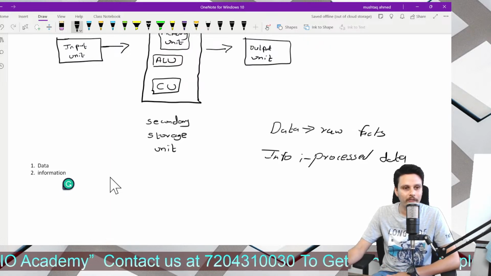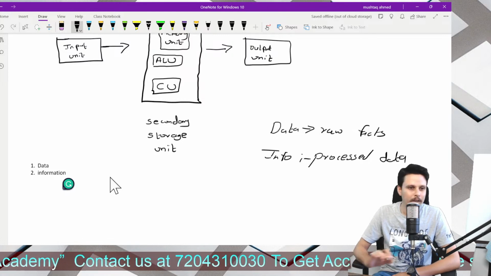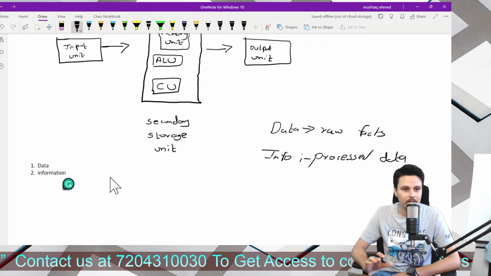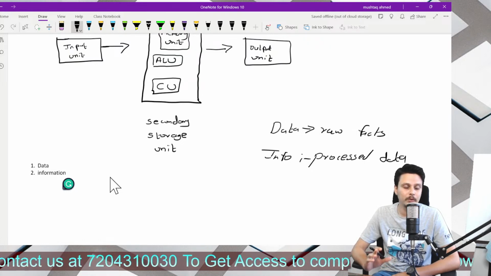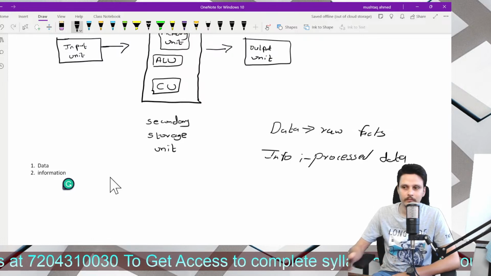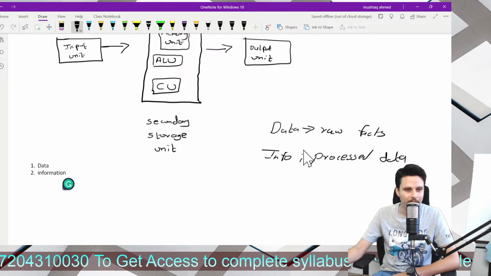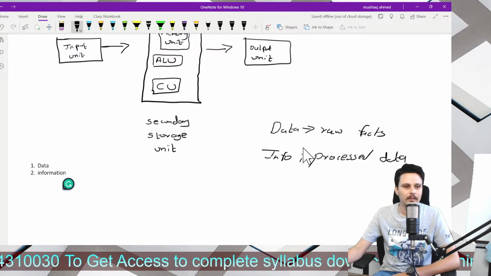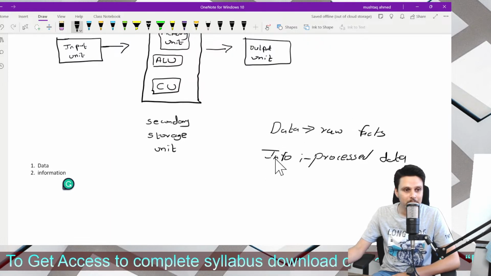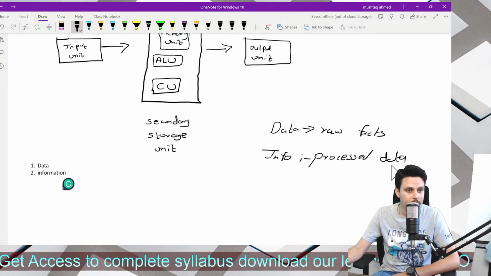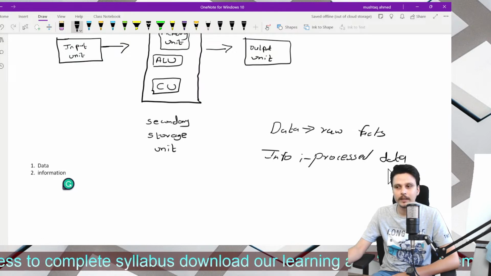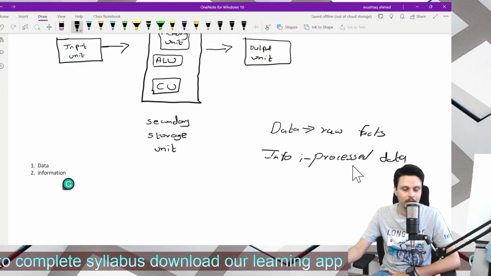The whole and soul of the data will be displayed. If you pick some key points which you want, then it becomes information. As I said, data is a collection of raw facts, whereas information is processed data. Information is the collection of the data which we require.